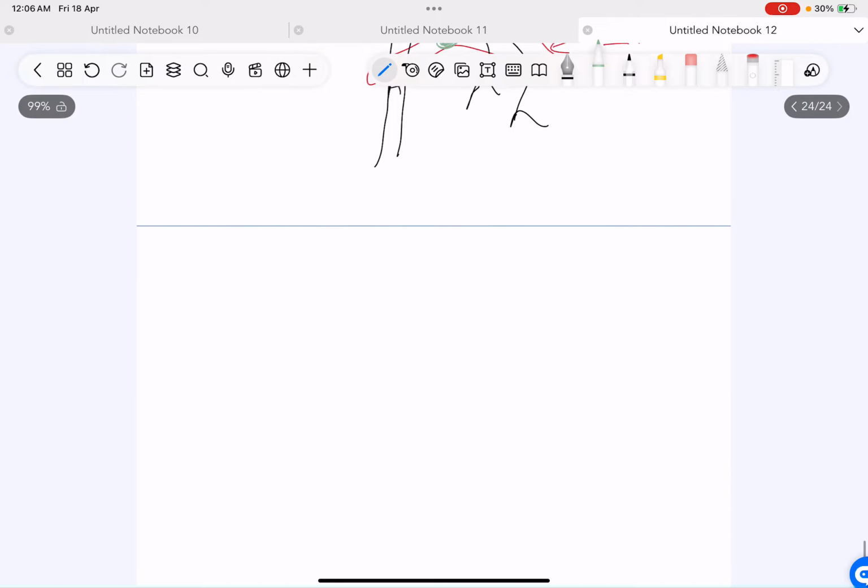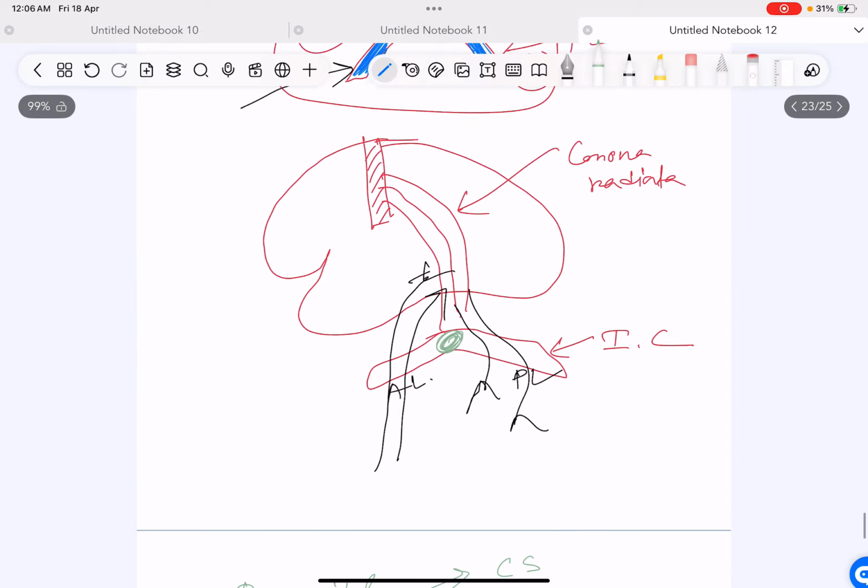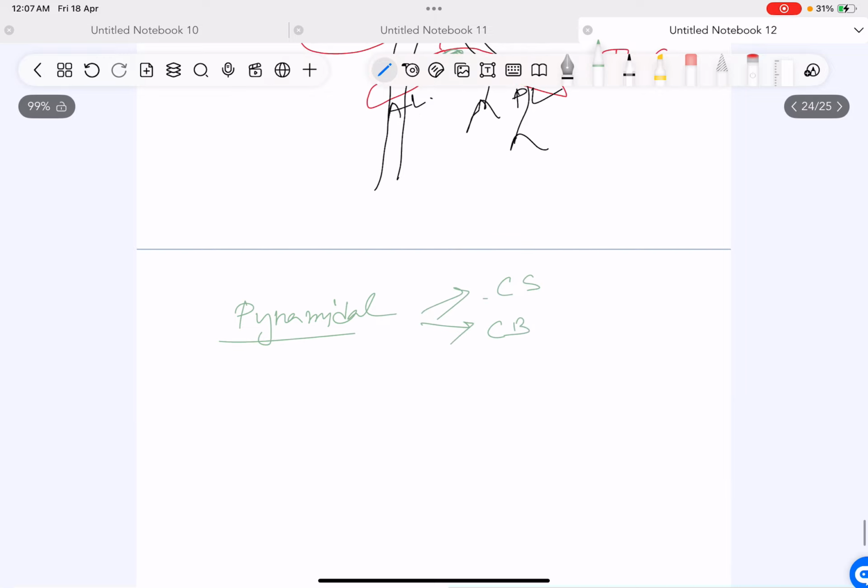So you can see that the pyramidal system comprises the corticospinal and corticobulbar tracts. They are part of your upper motor neuron.